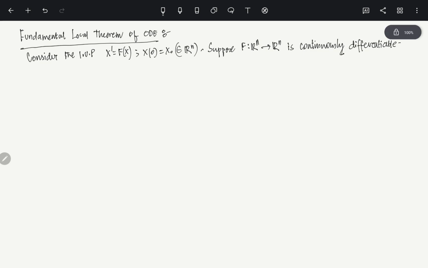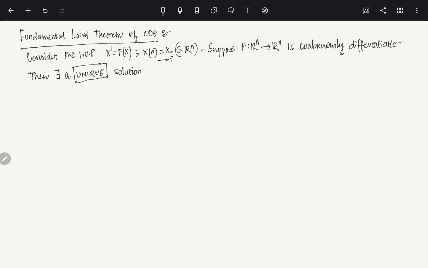Right. So this is the only condition. You are given this equation, and the very minimal condition I am asking is that f has to be just continuously differentiable. If that is the case, then you can guarantee that there exists a unique solution, a very important unique solution.